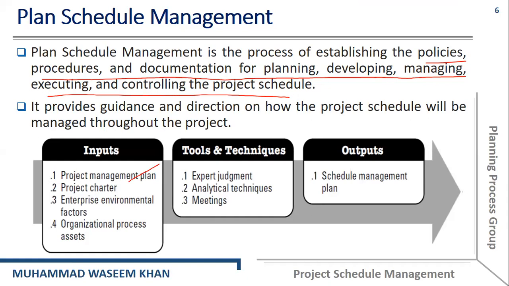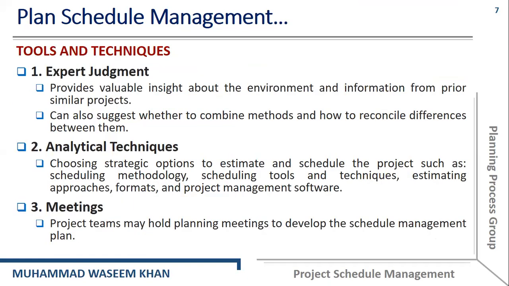The tools and techniques are expert judgment, analytical techniques, and meetings. Again, we have discussed that. The output that we will achieve is the schedule management plan. So we are not going to discuss the inputs again, because we have discussed them in previous lectures.